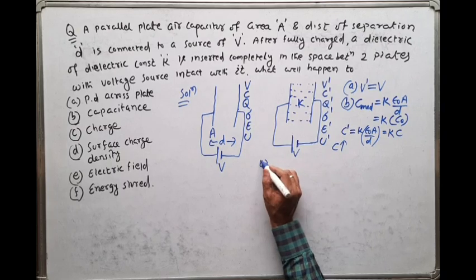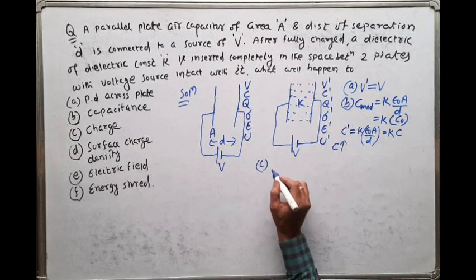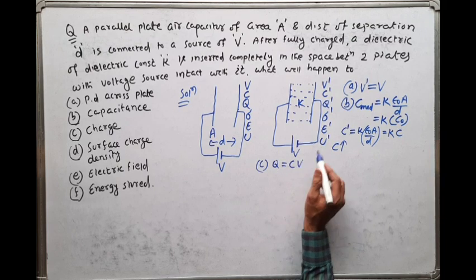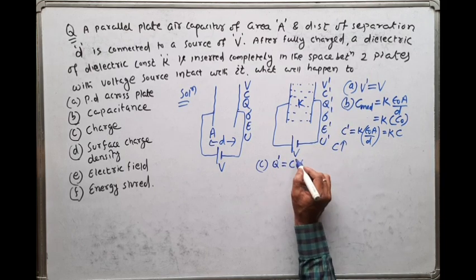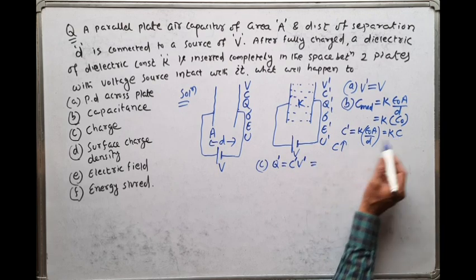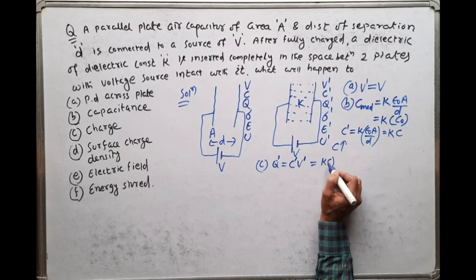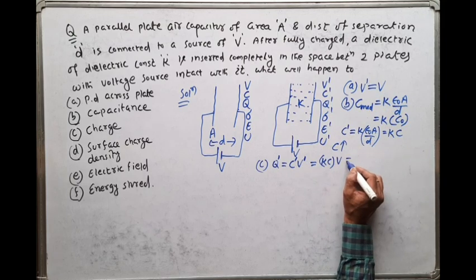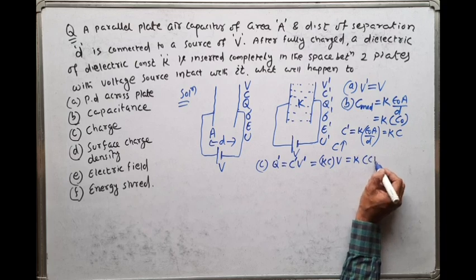Then the charge. You know charge Q is equal to CV. So the new charge Q dash is equal to C dash into V dash. But C dash is nothing but KC, and V dash is nothing but the same voltage V. So that is equal to K times CV.